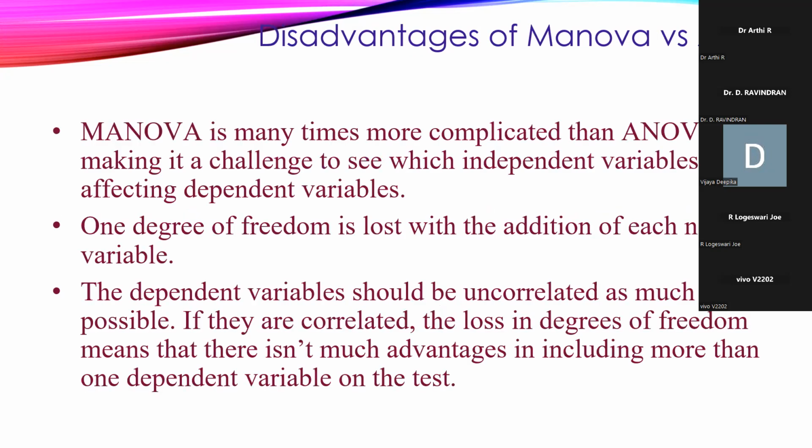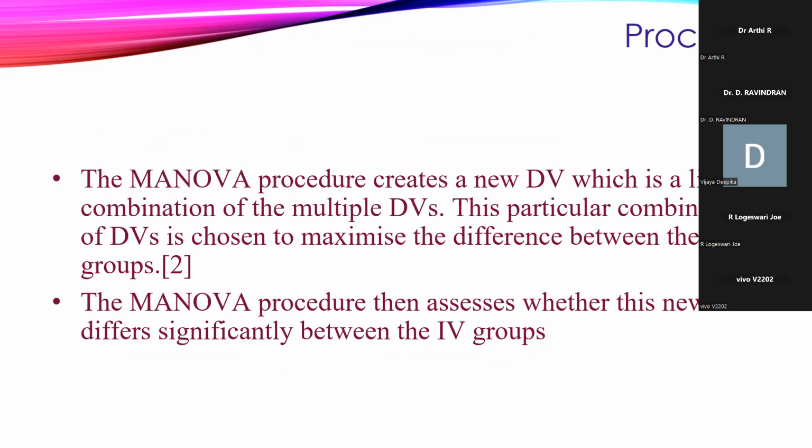Here, one important thing that you should keep in mind is that the two or more dependent variables that you are using in your MANOVA test should not be correlated with each other. So there should not be any multicollinearity between the dependent variables.